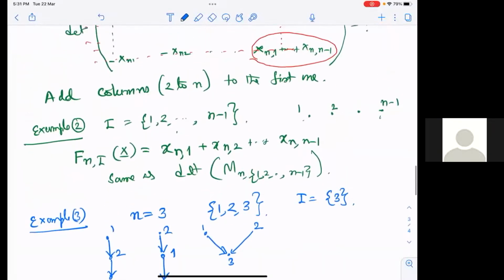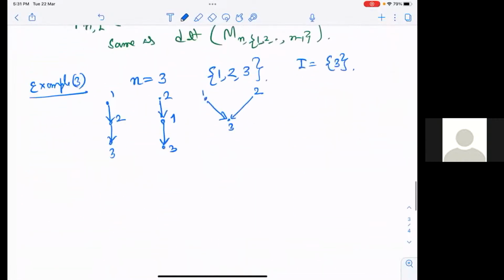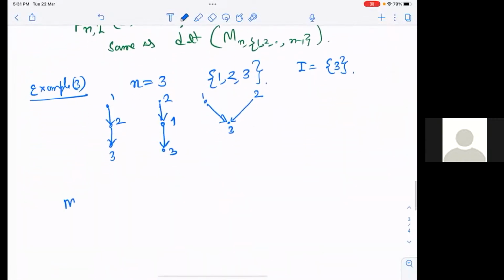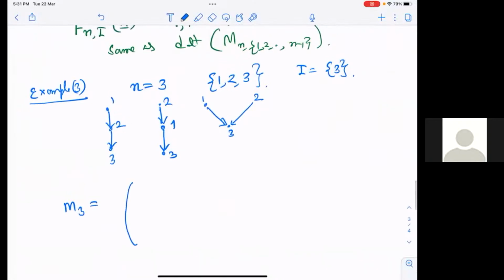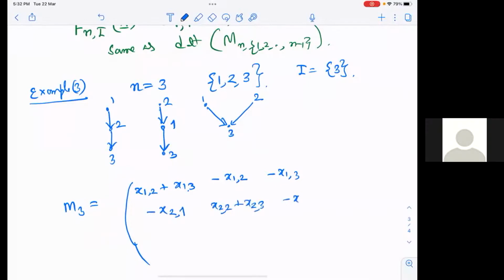Now let's draw the matrix form of it. So what is M_3? Let's draw it carefully. x12 plus x13, minus x12, minus x13. x21, x21 plus x23, minus x23. x31, x31 plus x32.